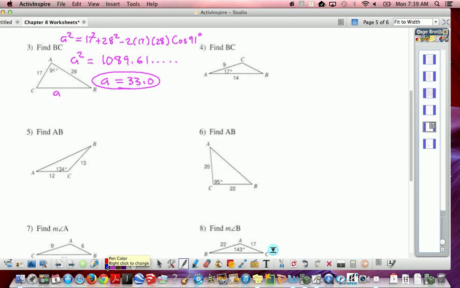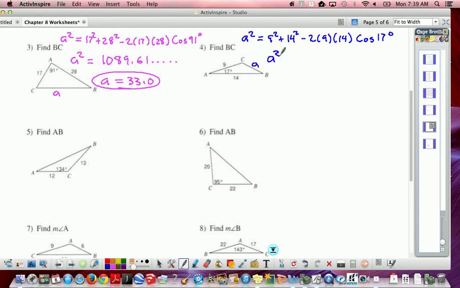All right, the next one here, what we want to do is find BC again, so we're looking for little a. So a squared equals 9 squared plus 14 squared minus 2 times 9 times 14 times cosine of 17 degrees.